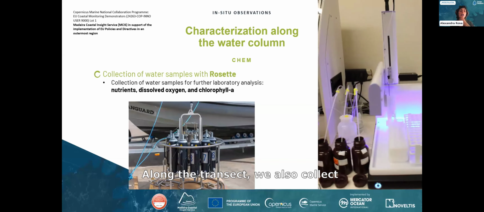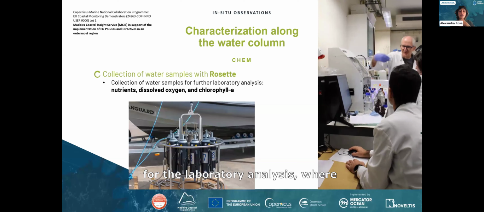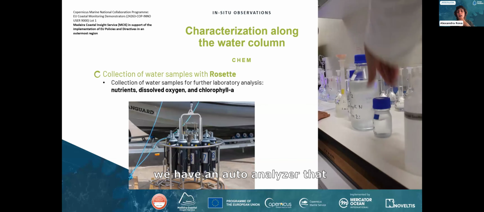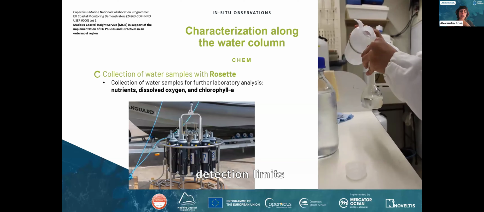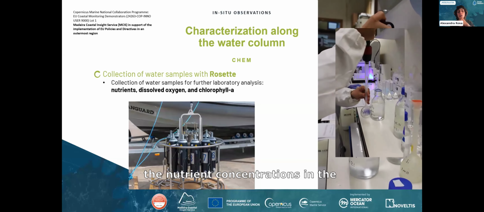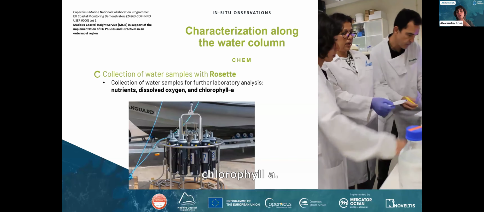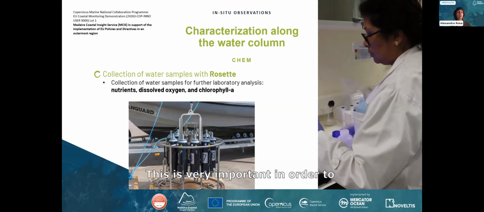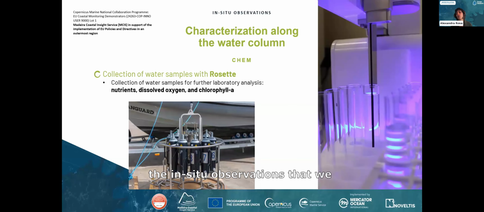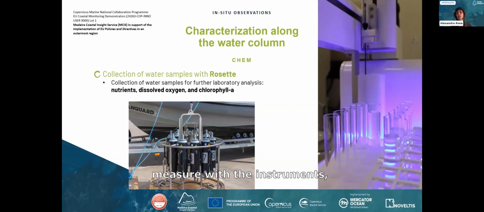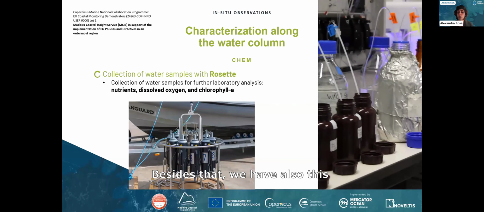Along the transit, we also collect water samples for further laboratory analysis, where we have an auto-analyzer that allows us to determine with very low detection limits the nutrient concentrations in the coastal area, and also dissolved oxygen and chlorophyll A. This is very important in order to validate not only the in-situ observations that we measure with the instruments, but also the conditions that we are predicting with the models.